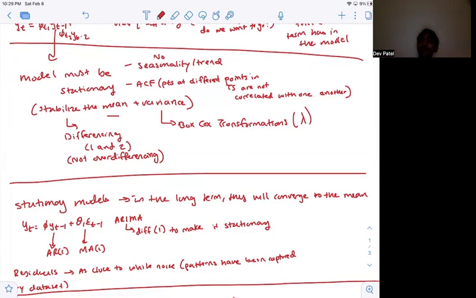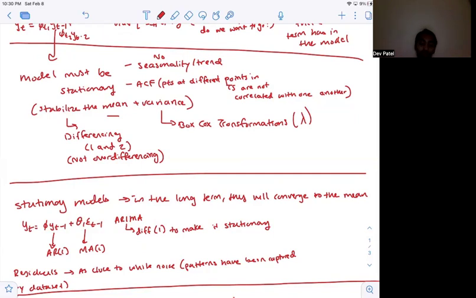If the data is not stationary, then you have some different assumption and it's not going to converge to the mean. But when we have this assumption that the data is stationary, and that's the hard requirement that we have when running these ARMA models, then over the long term our forecast will eventually converge to the mean.